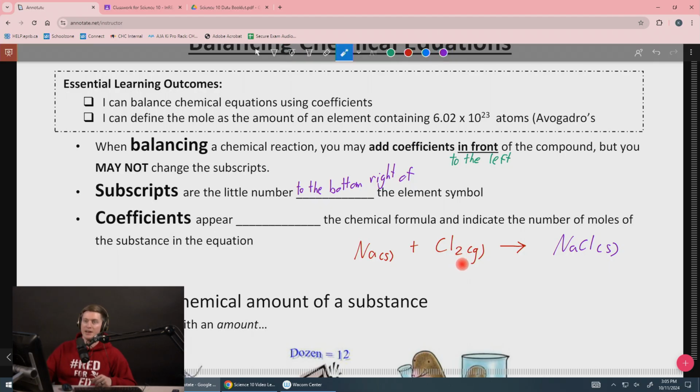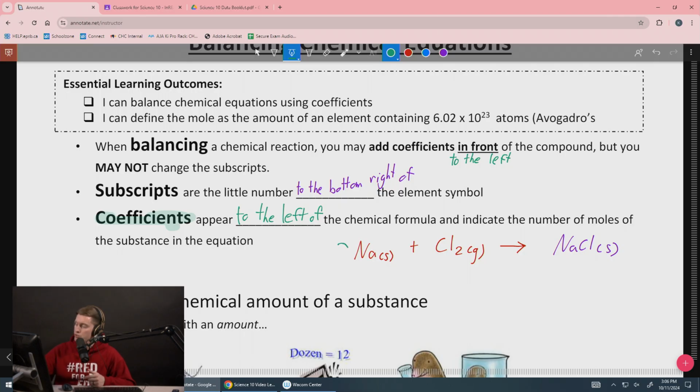This indicates that in a molecule of chlorine gas, we have 2 chlorine atoms. That's a subscript. Coefficients appear to the left of the chemical formula and indicate the number of moles of the substance in the equation.